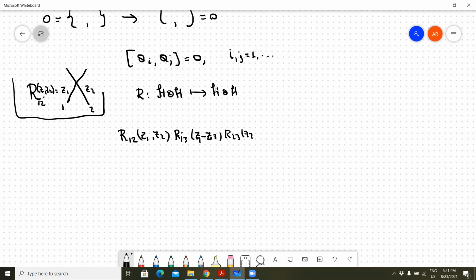Again, as on the classical side, we start with this general case, and then this can be represented in pictures.